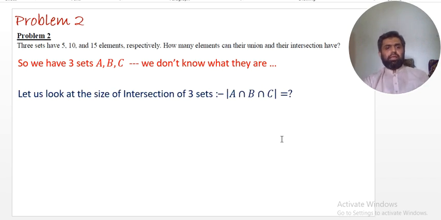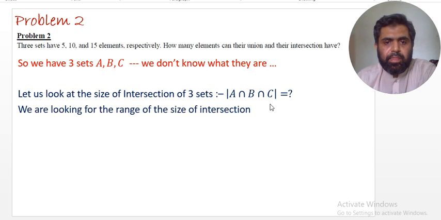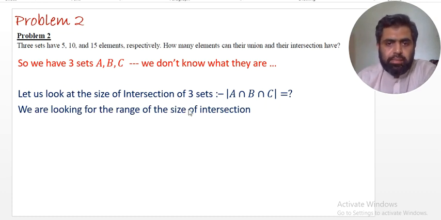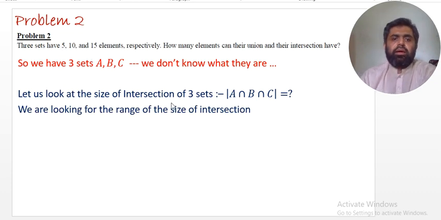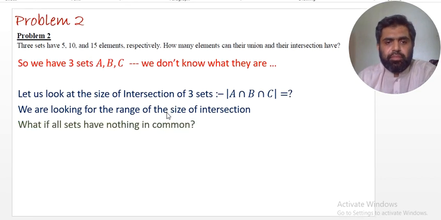So now let's look at the size of intersection of three sets, A intersection B intersection C. Just like union, we have to consider the two cases. In general, we are looking for the range of size of intersection, but in this problem we are given 5, 10, 15, so we will know the range will be between which number to which number.